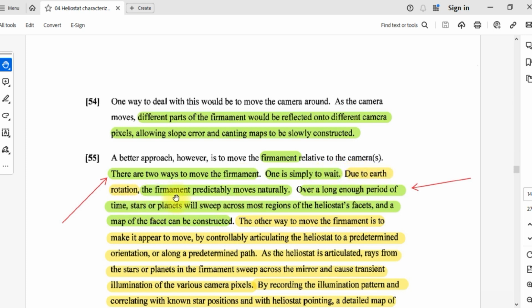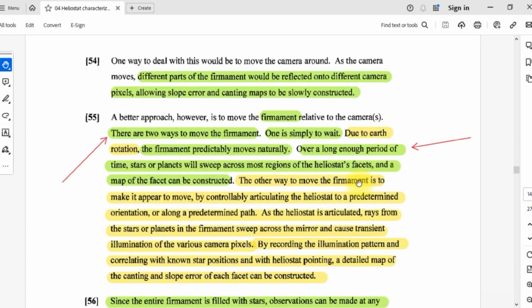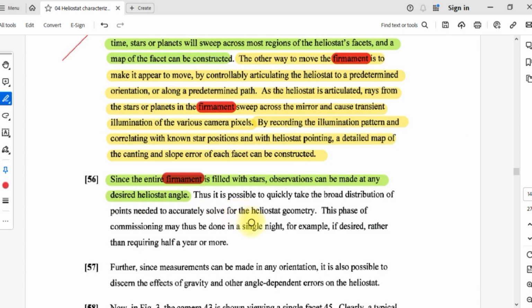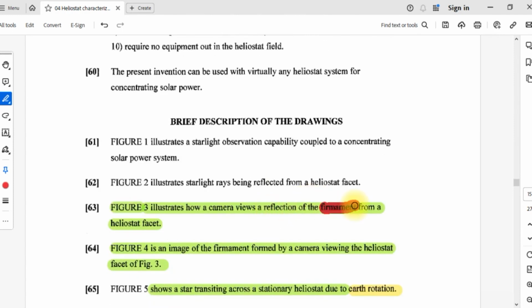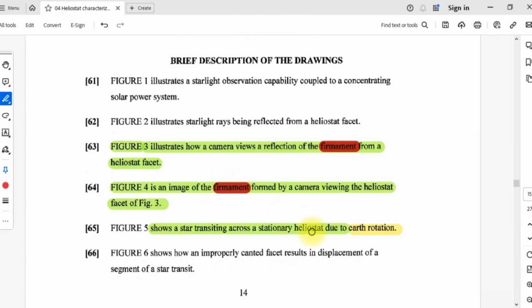They consider it to be fixed and non-rotating, and the stars moving from east to west. The entire firmament is filled with stars. Observations can be made at any desired heliostat angle. So you have the word firmament here so many times. No, not Earth rotation.